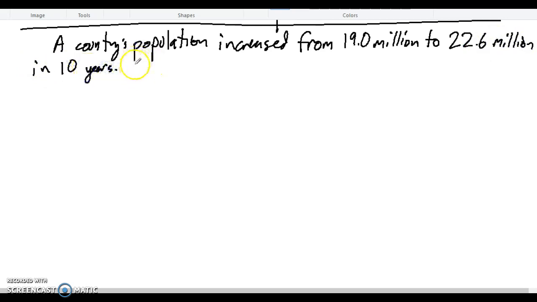Assuming this trend continues, what will its population be in 20 years? Well, what will its population be 10 years from now? So 20 years after that 19 million.